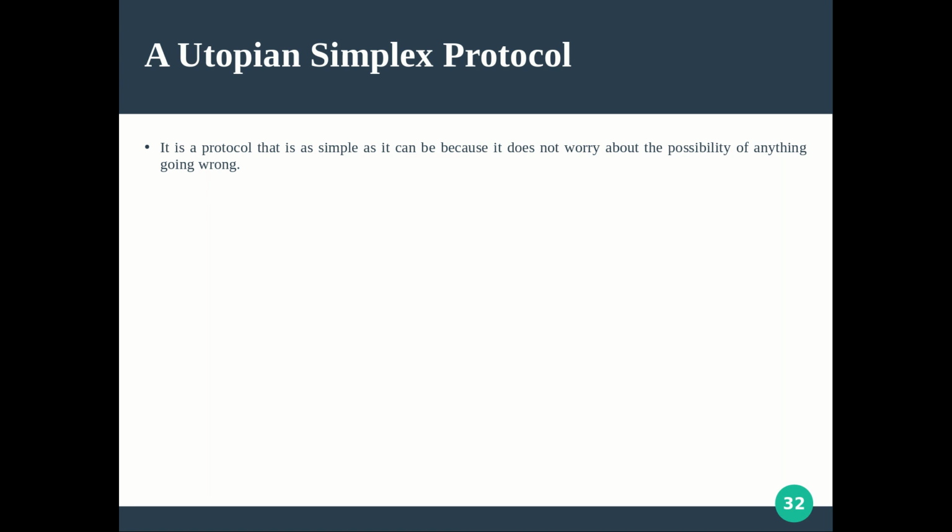If you look at this utopian simplest protocol explained in that textbook, it is a protocol that is as simple as it can be, because it does not worry about the possibility of anything going wrong. The line itself says that it is just a theoretical model, because the assumption is that nothing is going to go wrong.